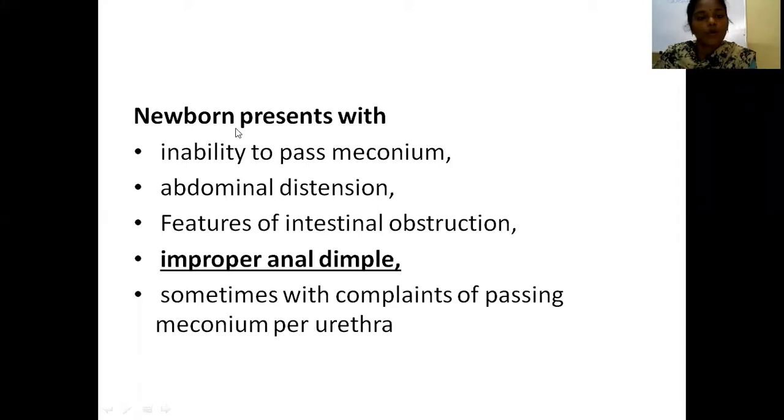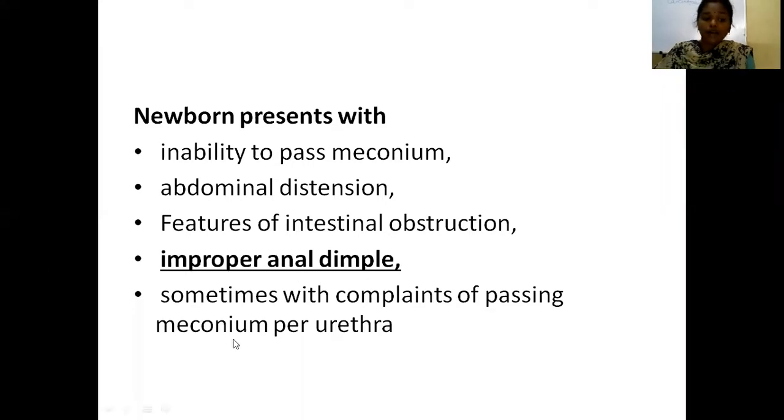So the newborn with anorectal malformations presents with inability to pass meconium and abdominal distension. As the newborn is not passing meconium, there will be abdominal distension and features of intestinal obstruction. On examination, there will be an improper anal dimple, or sometimes the anus will be absent, or sometimes it will be shifted anteriorly, that is an anterior anus.